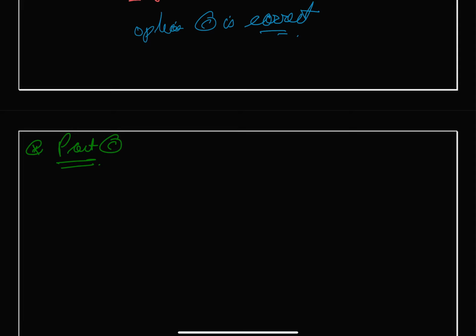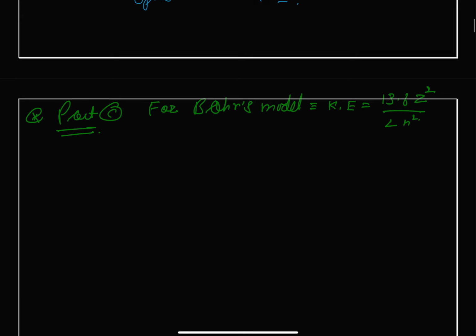So for Bohr's model, kinetic energy is equal to 13.6 Z square upon 2n square. And we can write this for hydrogen as well as helium, same formula.